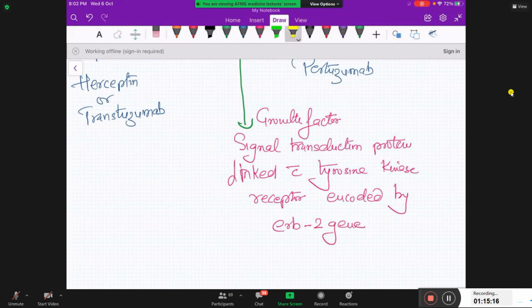So in this, growth factor is an MCQ, signal transduction protein is an MCQ, tyrosine kinase receptor is an MCQ, or 2 gene is an MCQ.